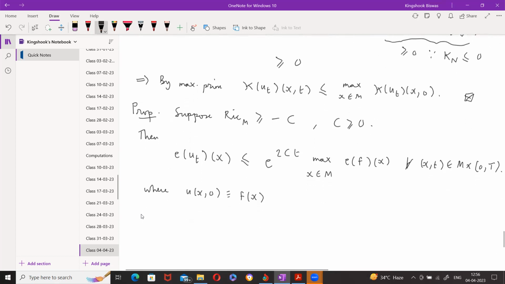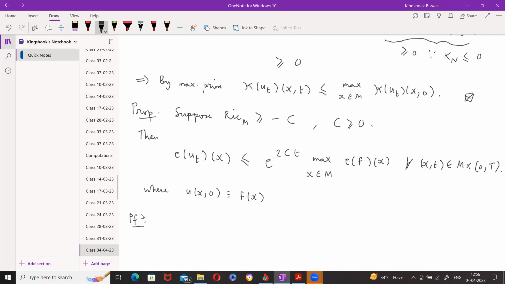So the proof of this is that you look at the time derivative ∂/∂t of, okay, first let me look at this term rather.